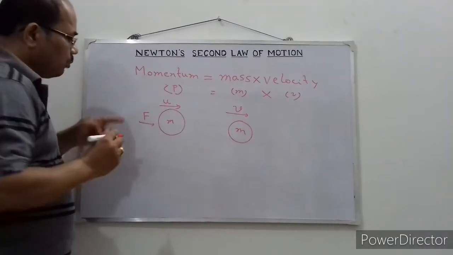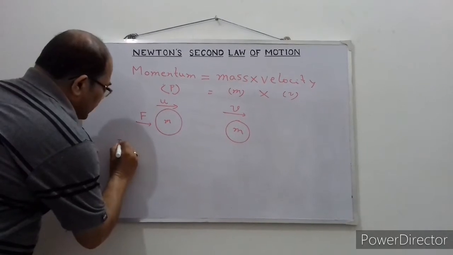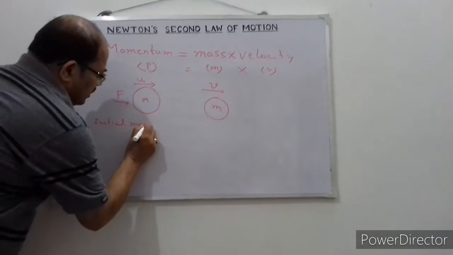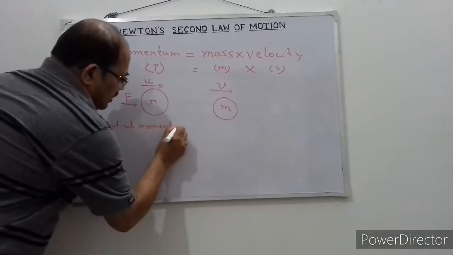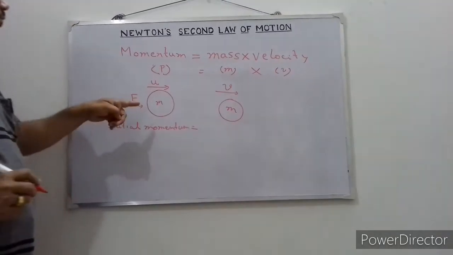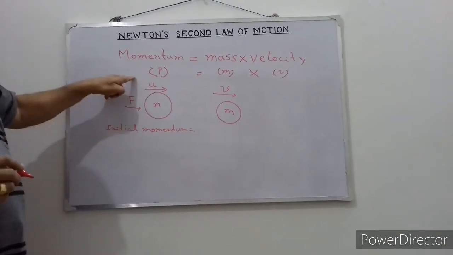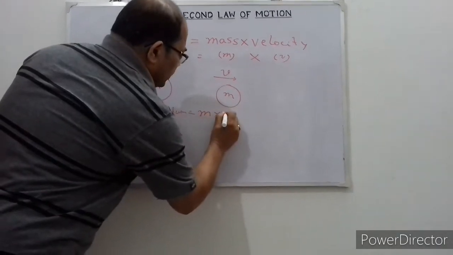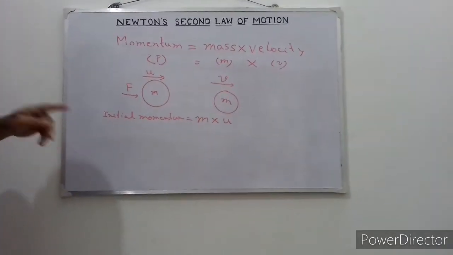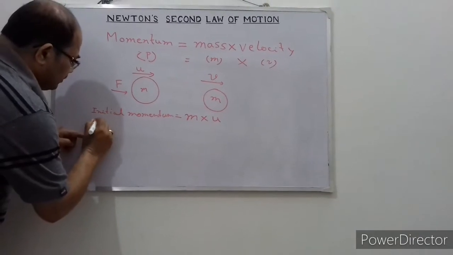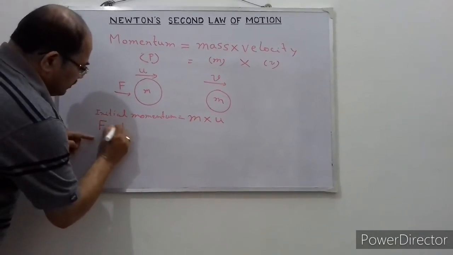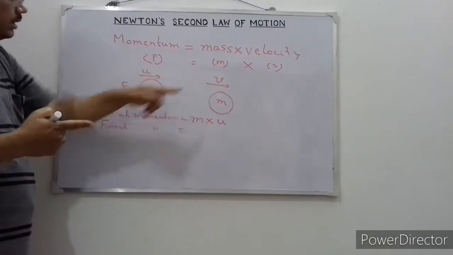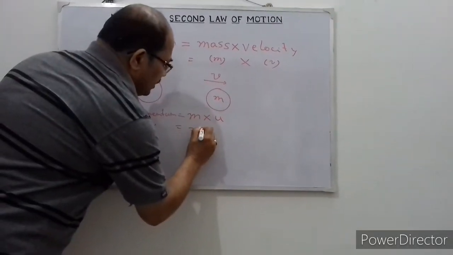So what is initial momentum? Initial momentum equals m into u, initial velocity into mass. Followed? Final momentum equals m into final velocity, that is m into v.